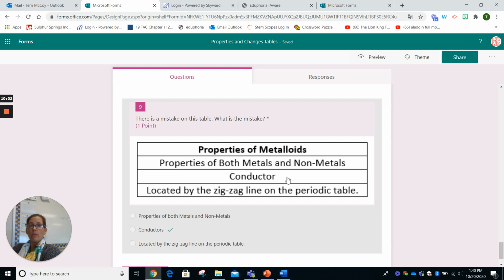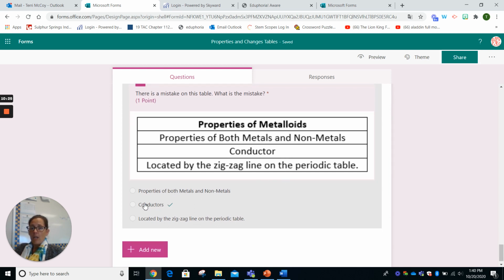We took notes on this too, and you should have that down on those notes. Semiconductor kind of means that if your substance, your element is cold, room temperature, it doesn't conduct electricity very well. But if we heated it up a little bit, we increase the temperature, the higher the temperature, the better conductor that metalloid would be. So they're semiconductors, not conductors. So this would be the mistake on this table.